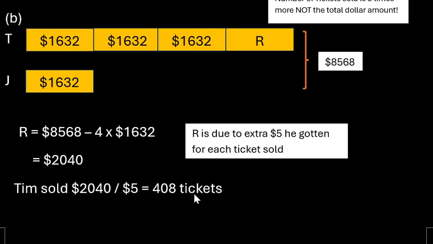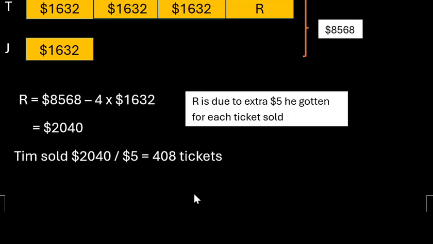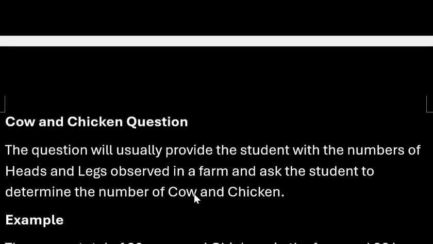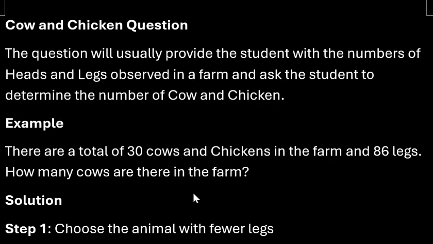When I shared this with my kids, I told her it's quite the same as the cow and chicken question that usually comes out in PSLE or even school exams.